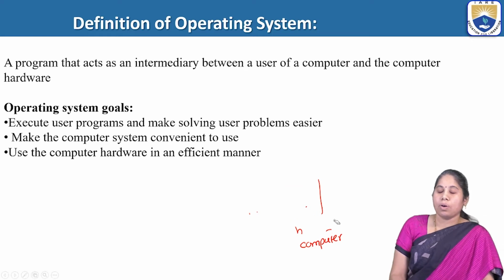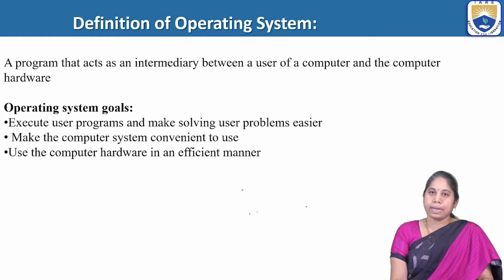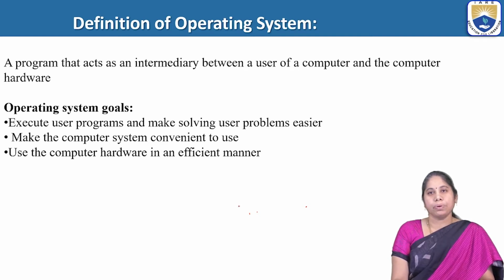What are the major goals of the operating system? It allows execution of user programs, makes solving user problems easier, makes the computer system convenient to use, and makes use of the computer hardware in an efficient manner.